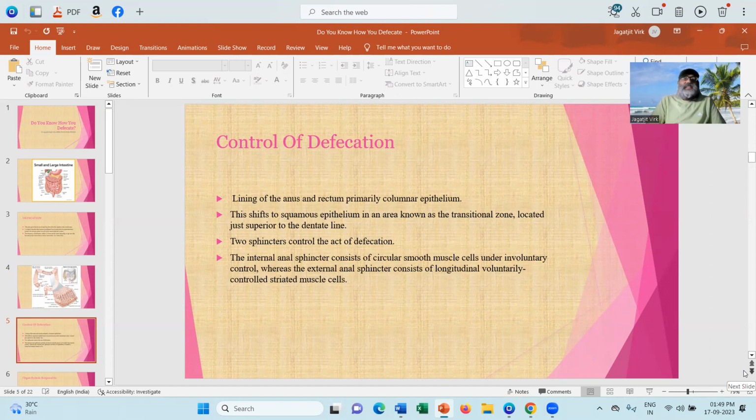The internal anal sphincter consists of circular smooth muscle cells under involuntary control. That is not under our control. Whereas the external anal sphincter consists of longitudinal, voluntarily controlled striated muscle cells, just like the muscle cells of our thigh and other somatic muscles.